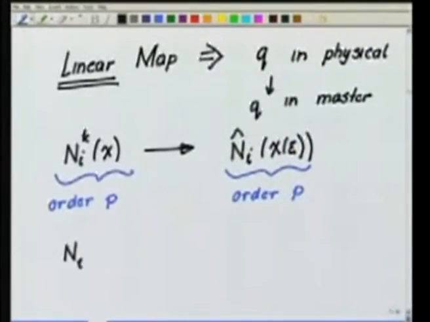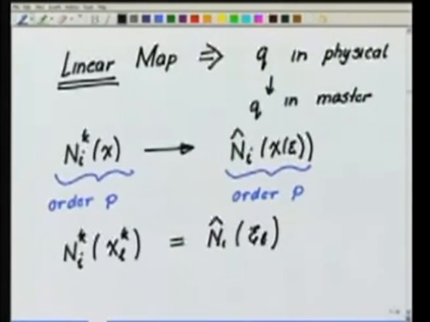So we will say that the polynomial Ni at the point x_l of element k will be equal to Ni hat at the master point psi_l, where x_l^k is obtained by the suitable linear map from the point psi_l.